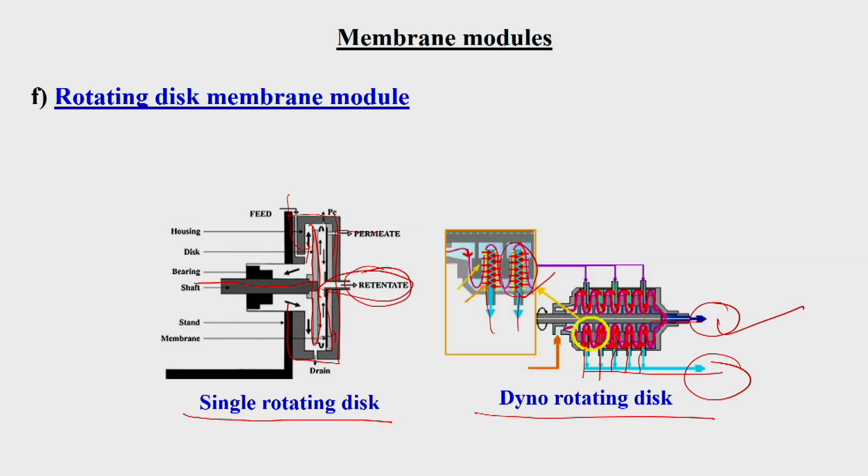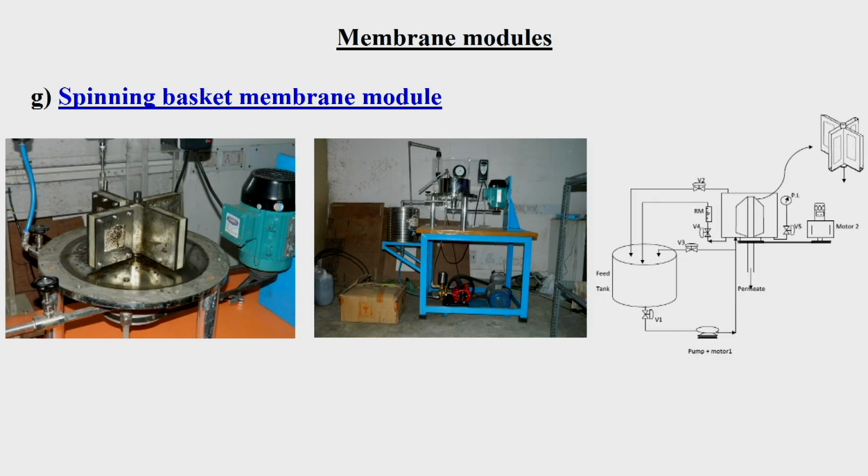Okay. And the last one is the spinning basket membrane module. This membrane module is a recent development. Here the agitator itself is rotating and contains the membranes. Suppose this agitator has 4 blades.